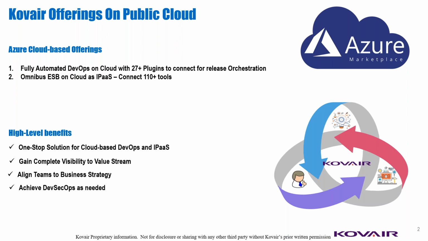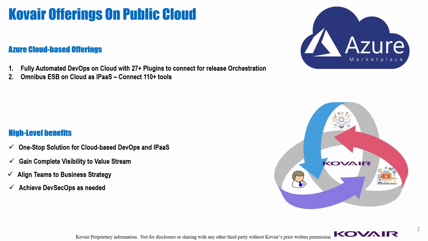Second, it will give you complete visibility of the value stream. Getting a complete visibility of the value stream will provide you the metrics of all of your value streams, thus giving you complete visibility on the streams that you need to focus.